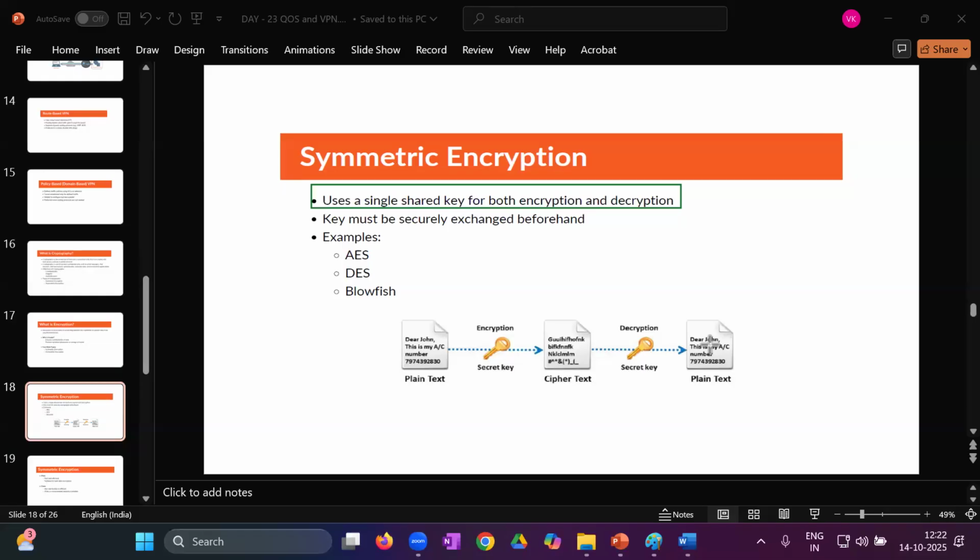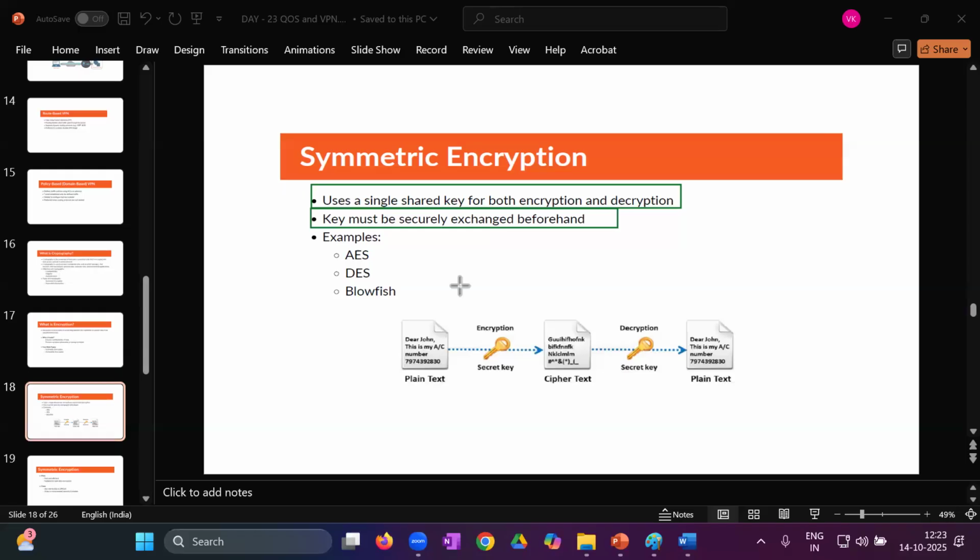So while sending the data, your key will also be delivered, and once the key reaches the other destination, only then will decryption take place. Whereas in the case of asymmetric encryption, that key is not required to be shared. Here the key must be securely exchanged beforehand.